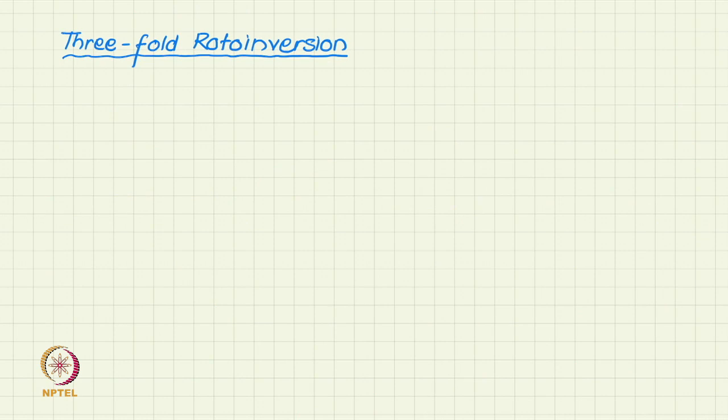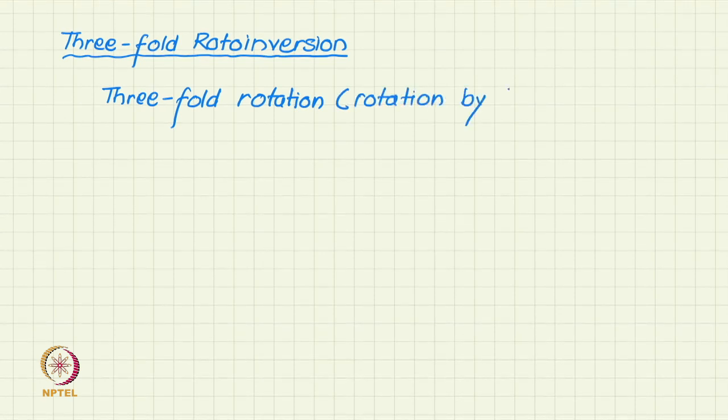So, let us discuss threefold roto inversion. As the name suggests, this is a threefold rotation. Threefold rotation means rotation by 360 degree by 3 is equal to 120 degree.